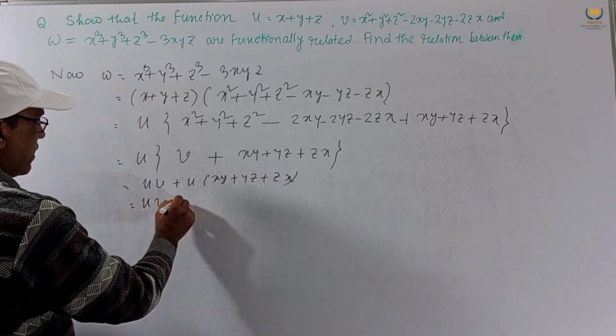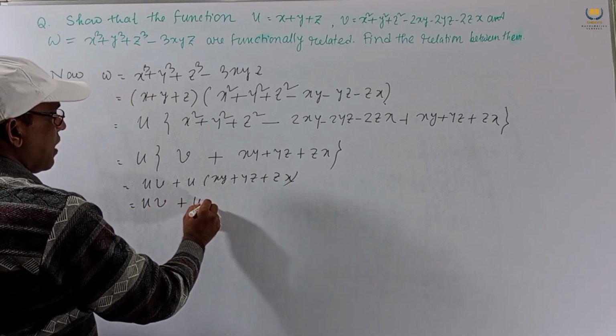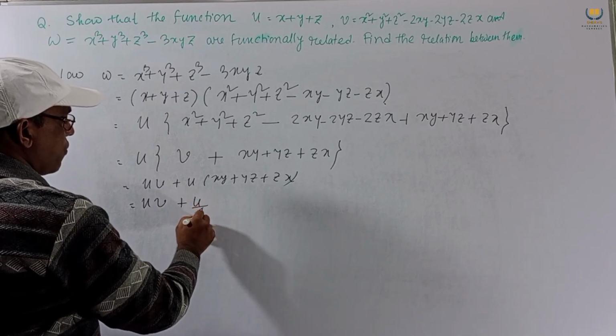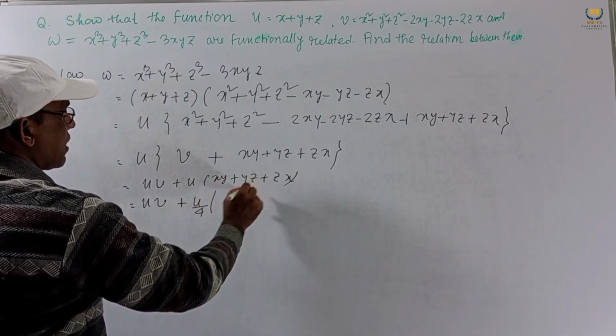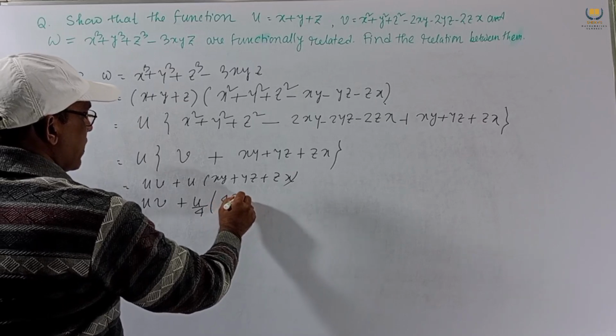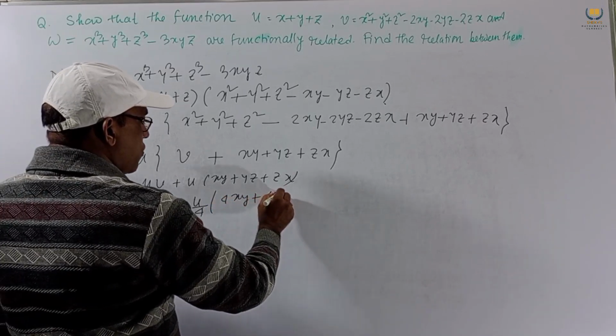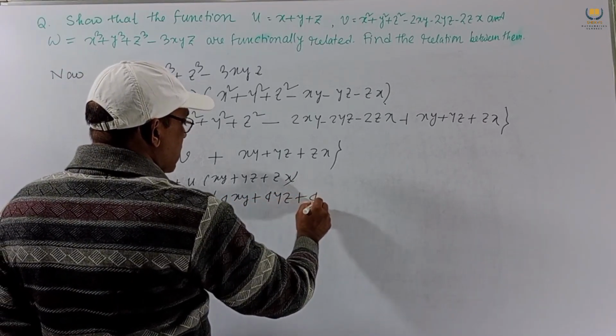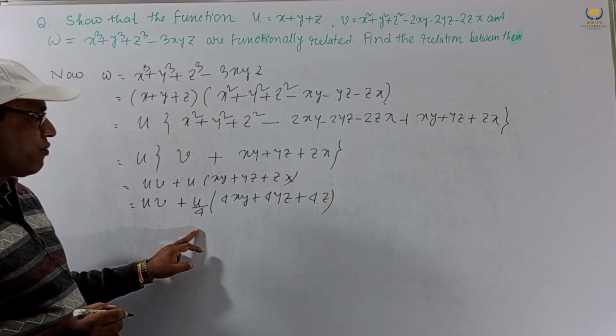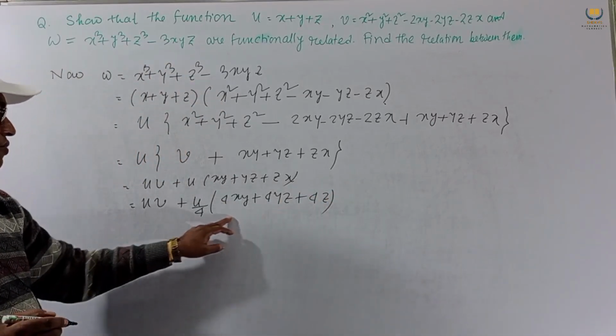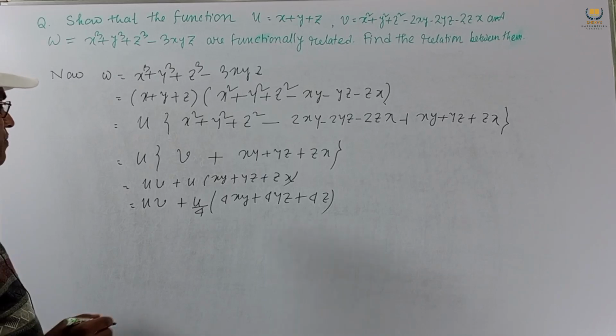Now uv, u, and we taking here 4 and multiplying all the terms by 4. 4xy, 4yz, 4zx. Taking 4 and multiplying all of this by 4. If we taking 4 common, 4 cancel, we get this one.